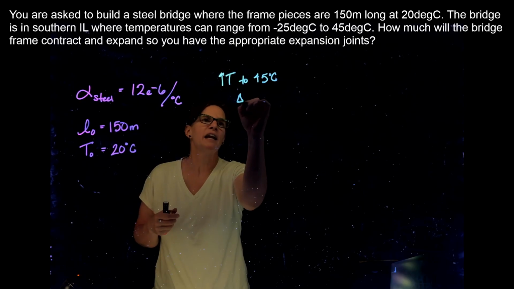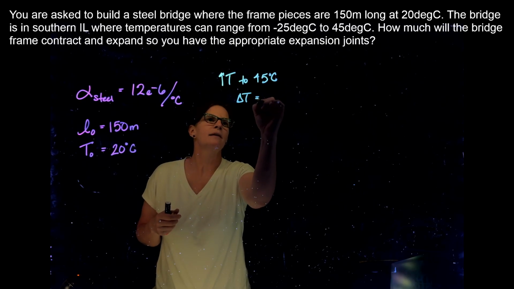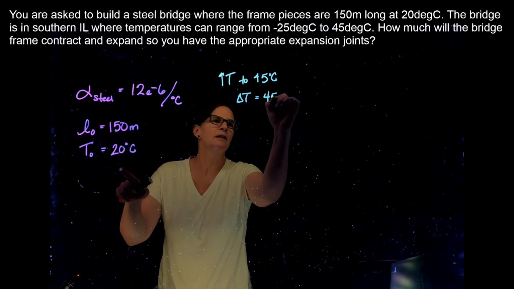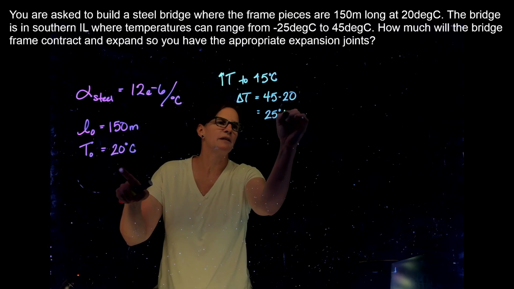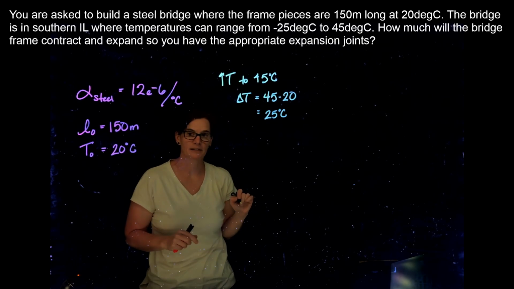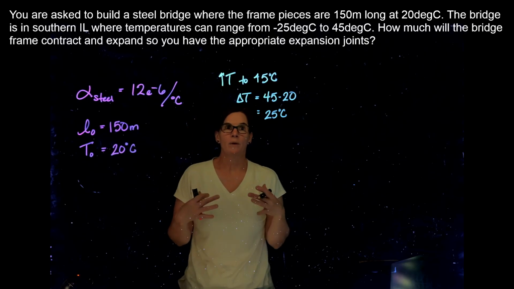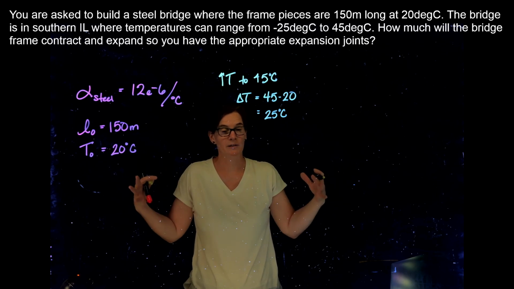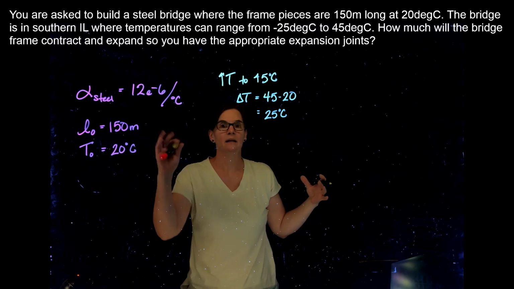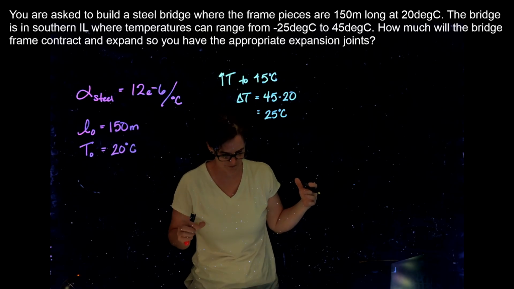This is a change in temperature of 45 minus 20, or 25 degrees Celsius. What do I expect? Well, I know when things are heated up that I expect them to get longer, and so I'm going to expect my final answer is going to be larger than 150.